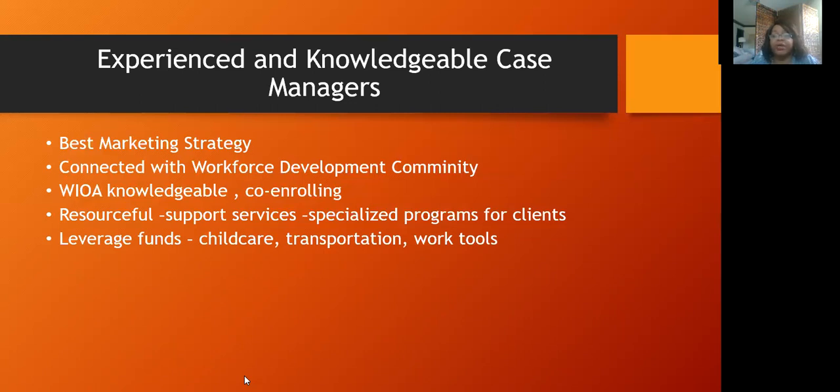And so as you are developing your program, as you're consistently looking to enhance and to expand your knowledge to be inclusive and comprehensive, you want to make sure that you're taking advantage of leverage funds.